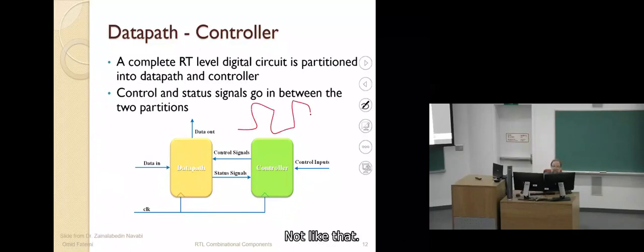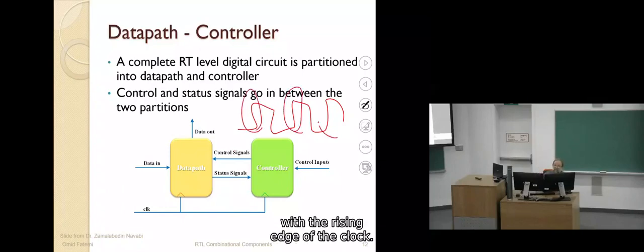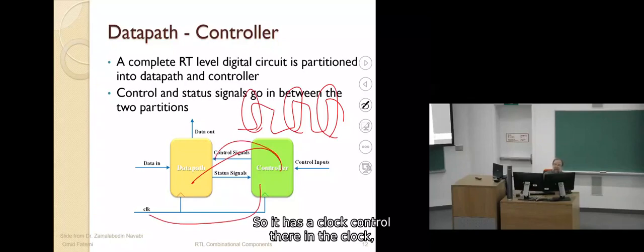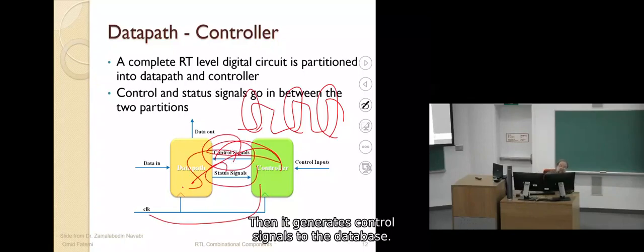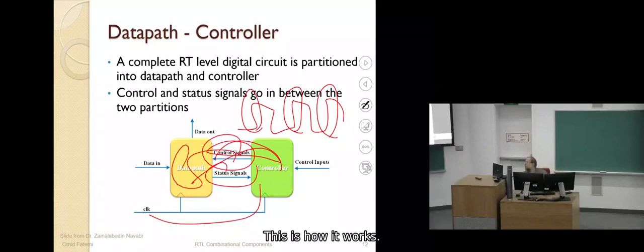Clock is something like that, very straight, not this kind of line. Everything is synchronized with the rising edge of the clock. So the controller at the rising edge of the clock says, do this. The controller, at the rising edge, calculates what should be done. Then it generates control signals to the data path. This is how it works.